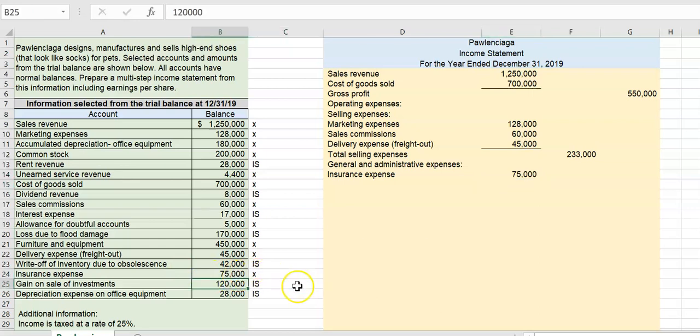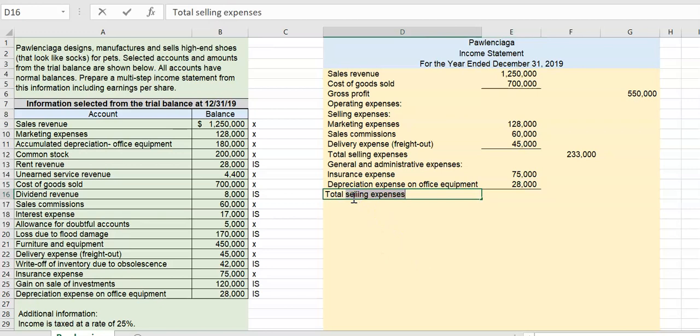Gain on sale of investments. No, that would be non-operating. How about depreciation expense on office equipment? Absolutely. Let's put this in. Okay, let's put in a subtotal for total general and administrative expenses.